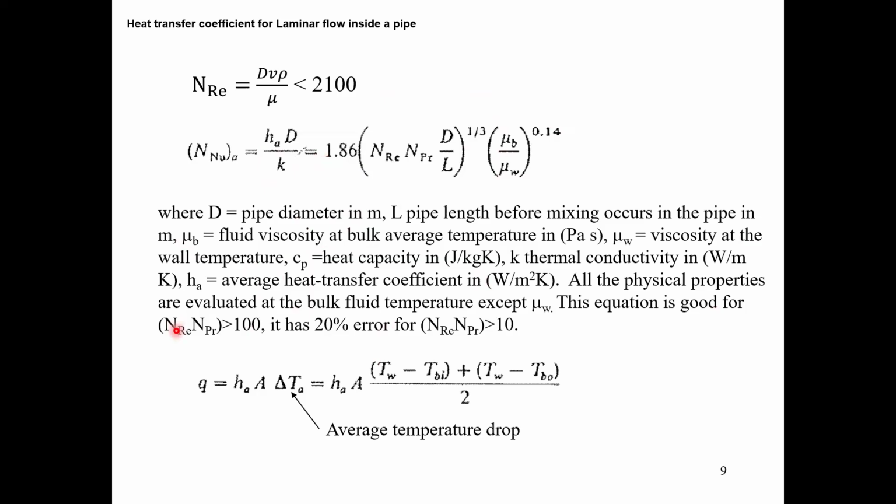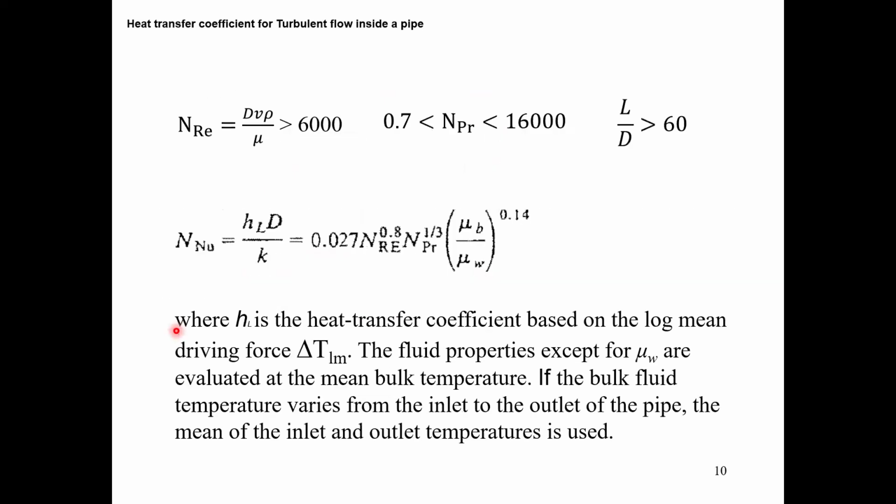Likewise, you have a different form if heat transfer is happening within a pipe and the flow is turbulent. The flow is turbulent when your Reynolds number is greater than 6,000. You guys know it from momentum transfer.